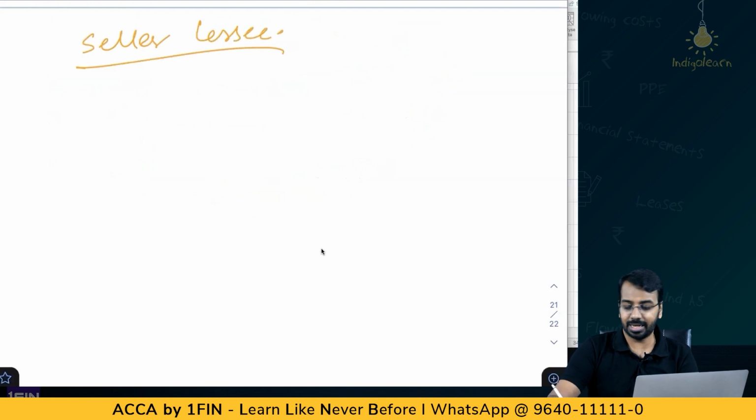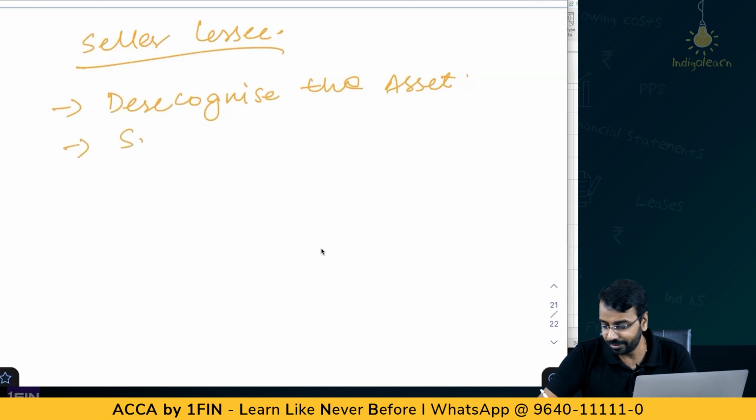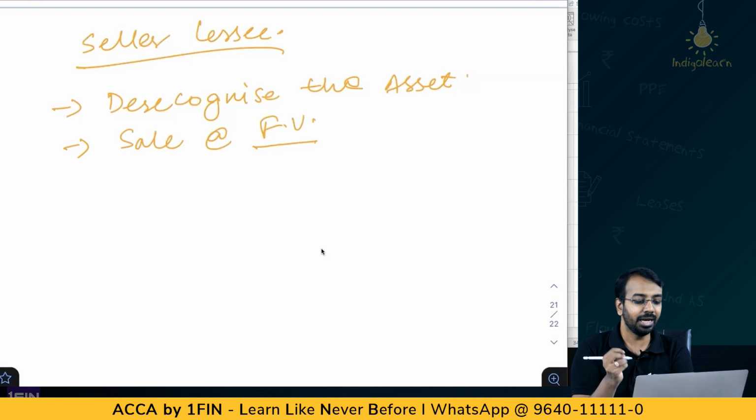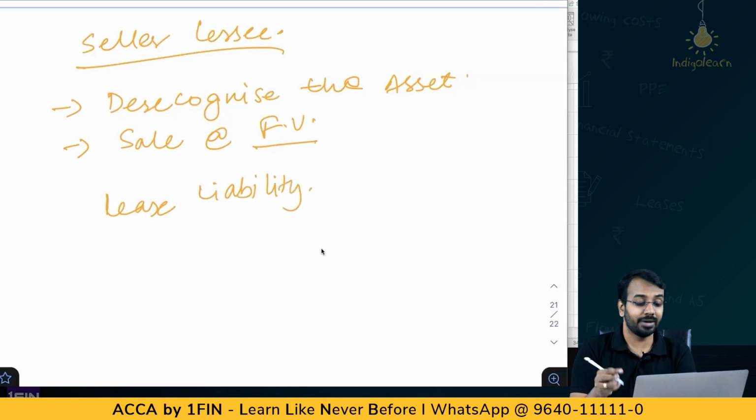what the seller lessee has to do is, because I have sold the asset, I will de-recognize the asset. I will account for sale at fair value. There is a sale part. Now there is a lease part also. So I will calculate lease liability, which is nothing but the present value of lease rental.